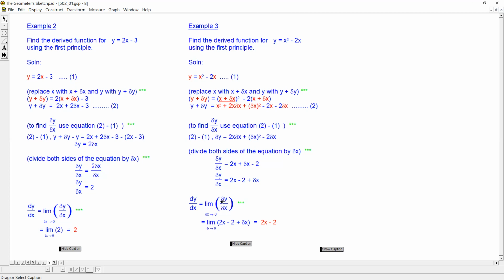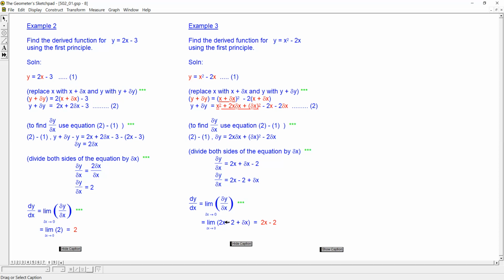So in order to find the limit, you have to replace this delta y over delta x with the function that you have found out here, with the expression that you have found out here. So this expression, you substitute inside this delta y over delta x. When you substitute, it's not complete yet. You have to make this expression, whenever you see delta x, you make the delta x 0.